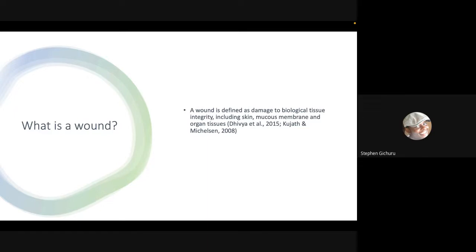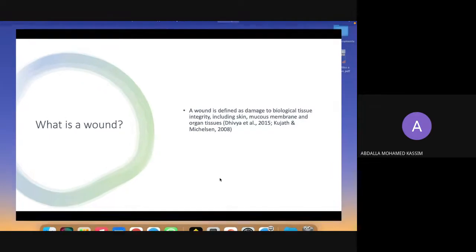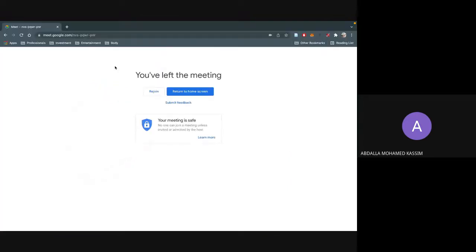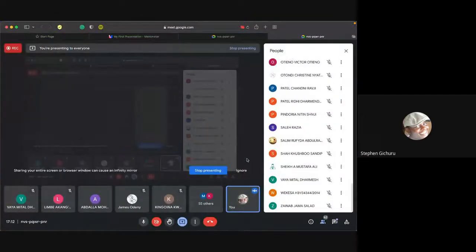What does Abdallah Mohammed think? I think it's a type of injury in which skin can be torn, cut, or punctured.